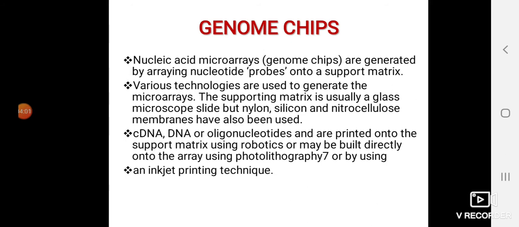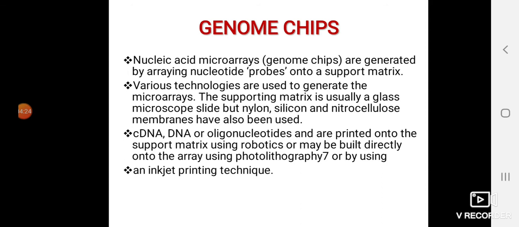A genome chip is nothing but the nucleic acid microarrays which are generated by using nucleotide probes. So these nucleotide probes are attached to the matrix, which is usually a glass microscopic slide, or it can be a nylon, silicon, or nitrocellulose membrane also.